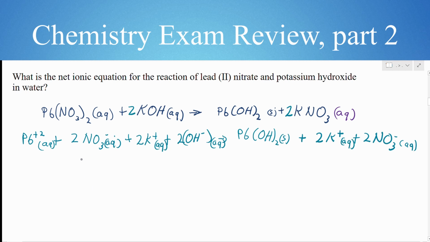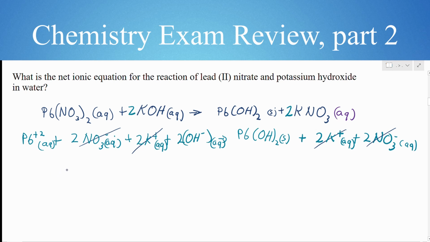Now we're going to make the net ionic equation by crossing out the spectator ions. Now the spectator ions appear the same on both sides. So for example, nitrate is going to be one of them. Nitrate is a spectator ion, as is potassium. They both appear, for potassium as 2 K+, on each side.